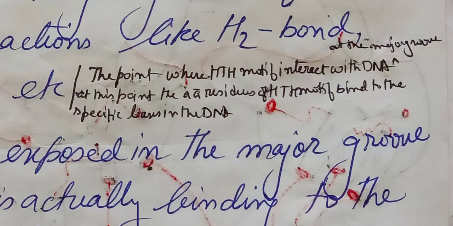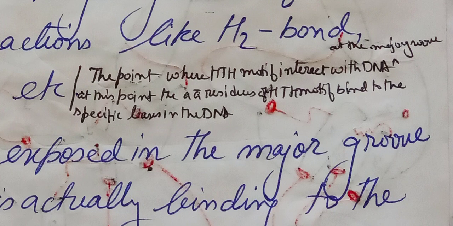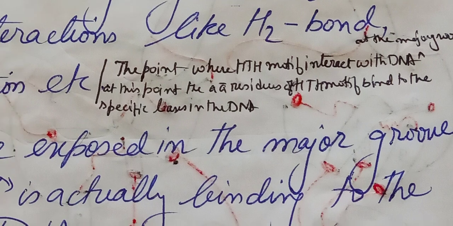So these helix turn helix motifs that are found in most of the transcription factors, they can interact with the major groove of DNA, and at the point where it interacts, the amino acids found on the helix turn helix motif bind to the specific bases in the DNA, right?